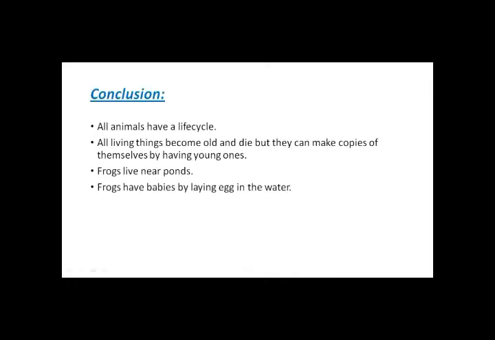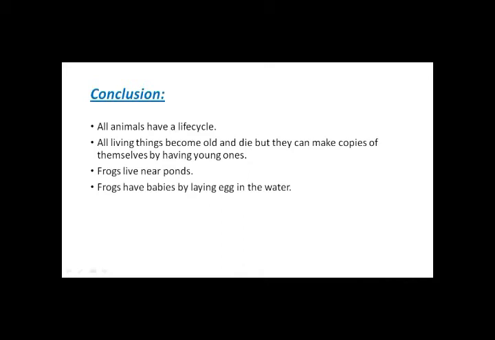So, to conclude the lesson, conclusion means sum up, or the main points of this lesson: all animals have a life cycle. We all have a life cycle. All living things become old and die, but they can make copies of themselves by having young ones.